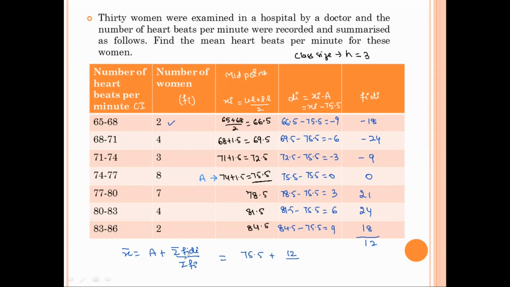Now summation of fi is given to you, that is total number of female patients are 30. So this one is your 30. So 12 divided by 30 is 0.4 और आंसर आ जाएगा आपका 75.9. So that is the mean heartbeats per minute for these women.